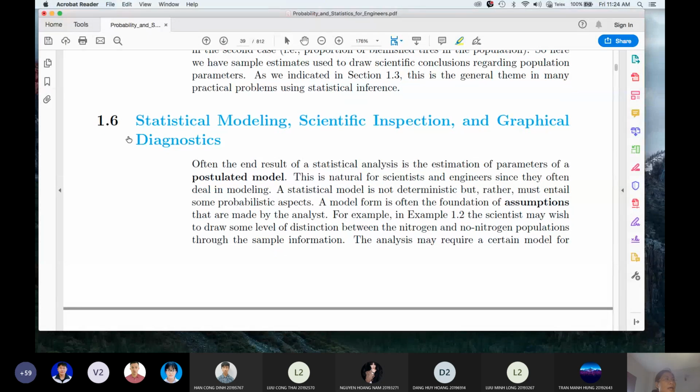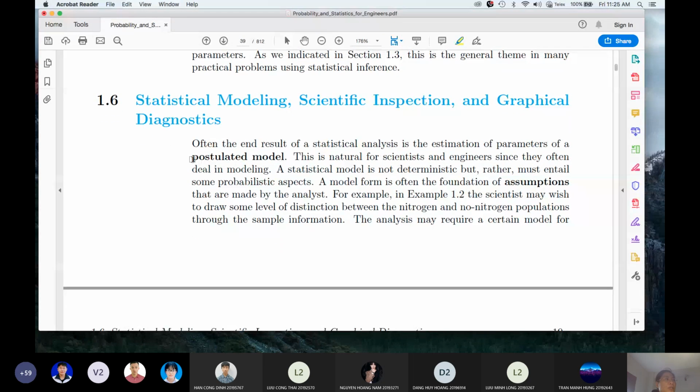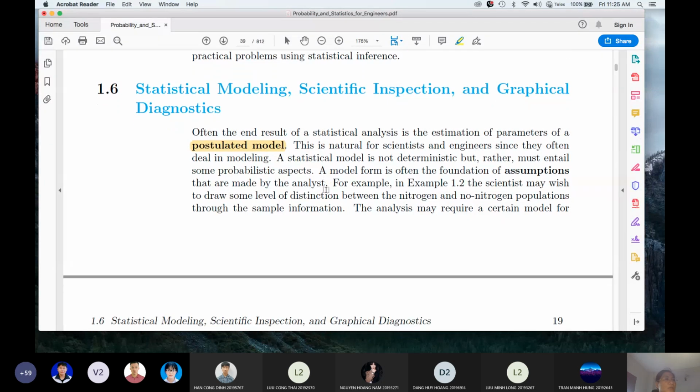Now I change to the next lesson: statistical modeling, scientific inspection, and graphical diagnostics. We want to understand what the parameter of a postulated model is.